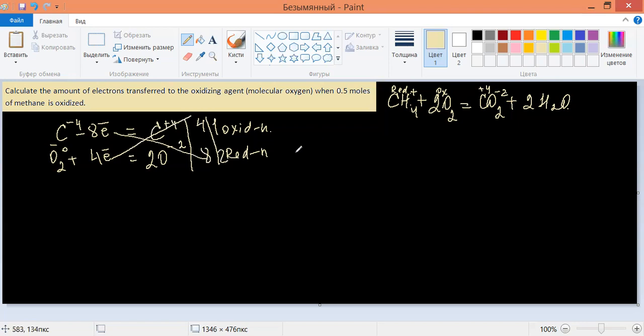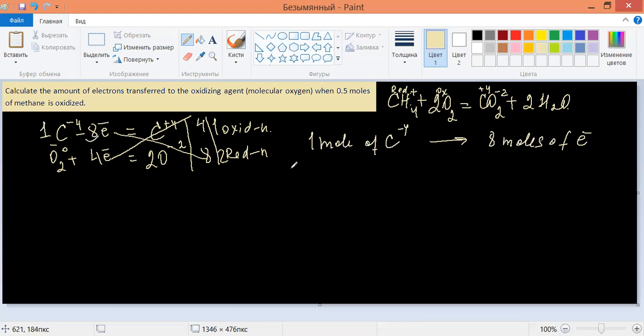So let's write this proportion here. 1 mole of C minus 4 says goodbye to how many? 8 electrons, 8 moles of electrons. We can see that here, 1 mole and 8 moles of electrons, right?